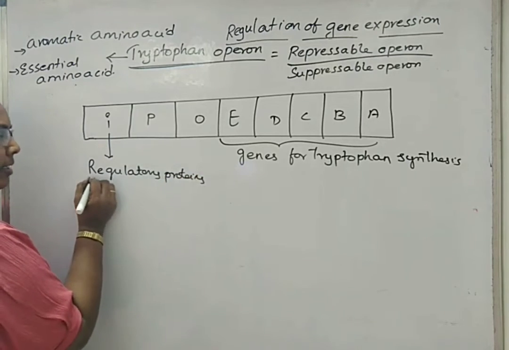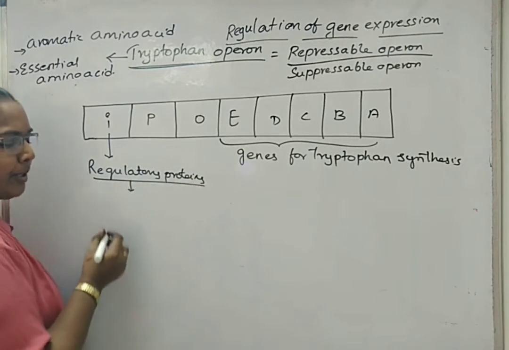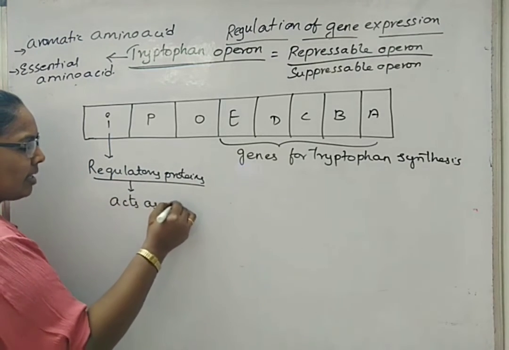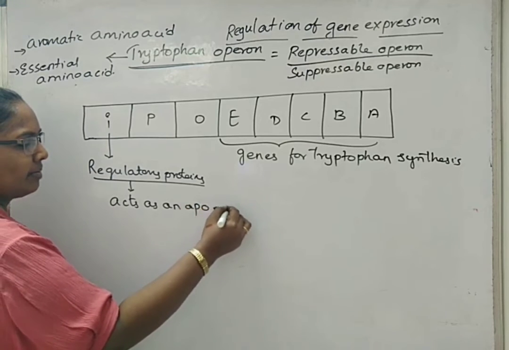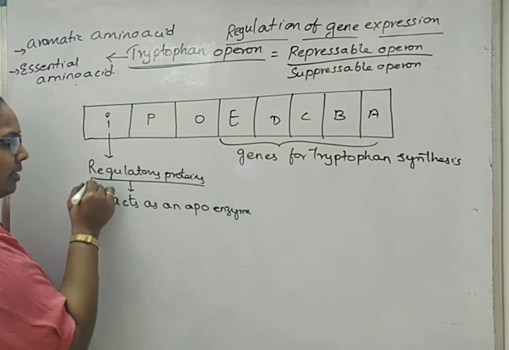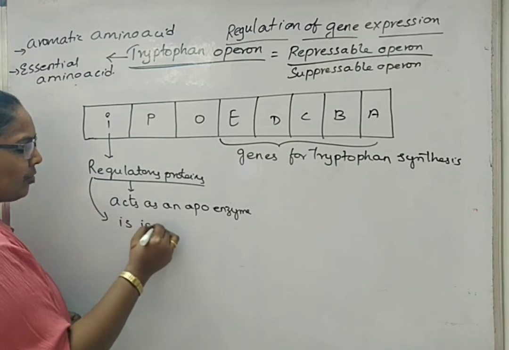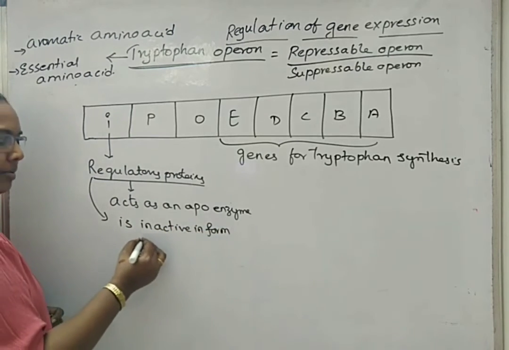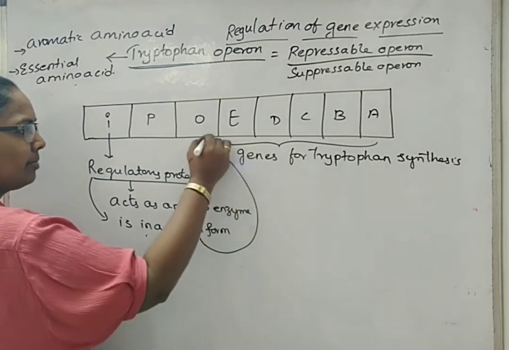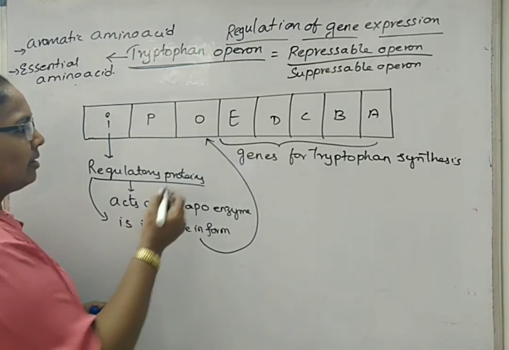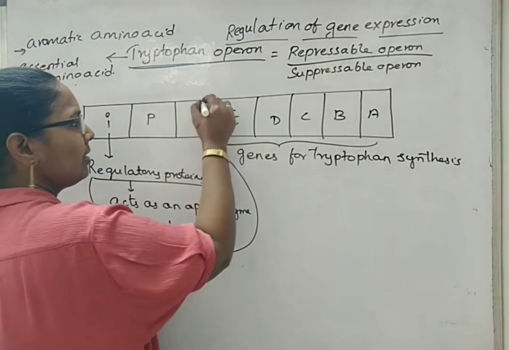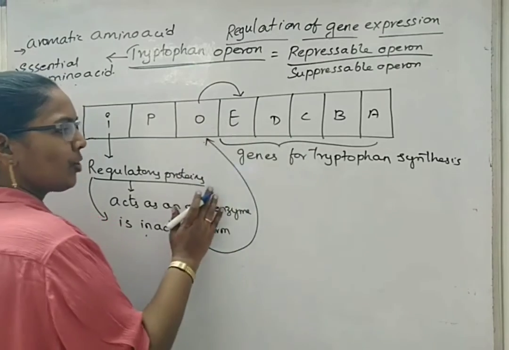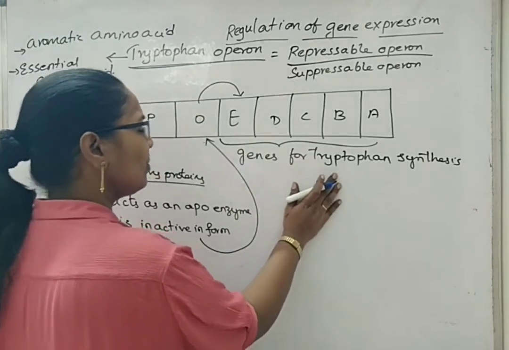But here, the regulatory protein produced in the case of tryptophan operon is acting as an aporepressor. This regulatory protein is inactive in form. Now, it binds to the operator gene, and when it binds to the operator gene, the information that has to be passed to the next structural genes will be stopped, and so tryptophan synthesis also will be stopped.